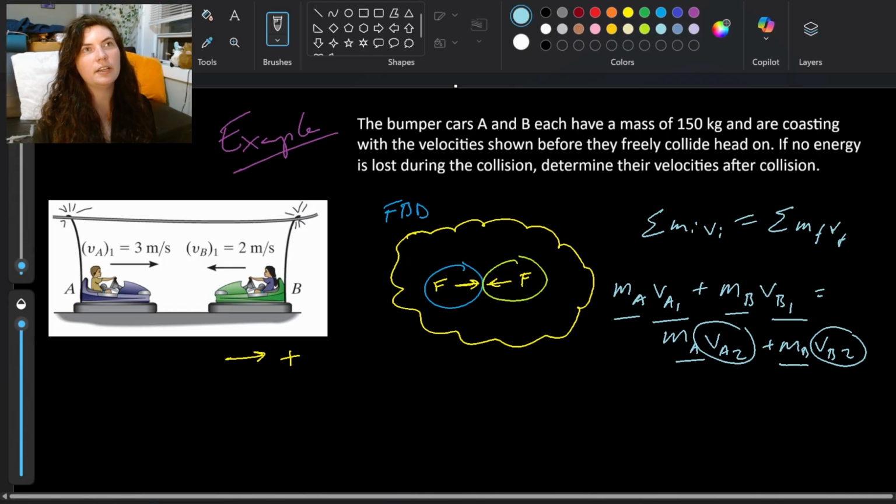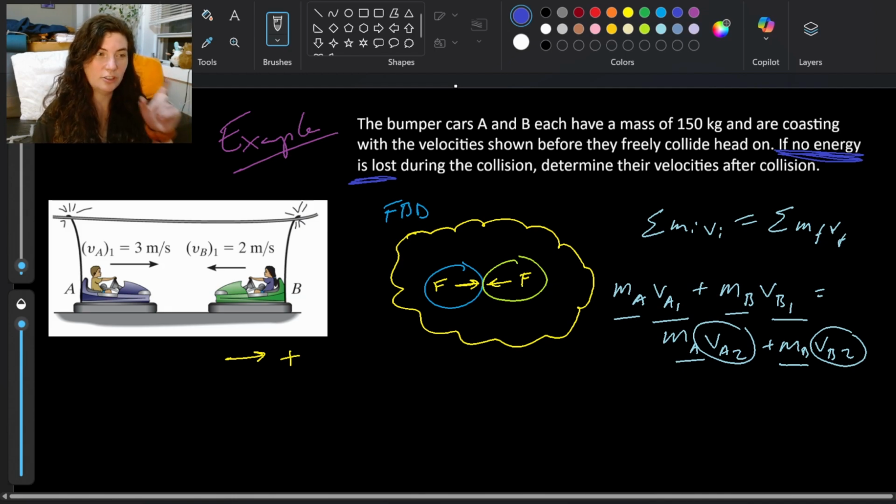And so if I go back and look at the prompt they gave me: bumper cars are coasting, they freely collide head on. If no energy is lost during collision, determine their velocities after collision.